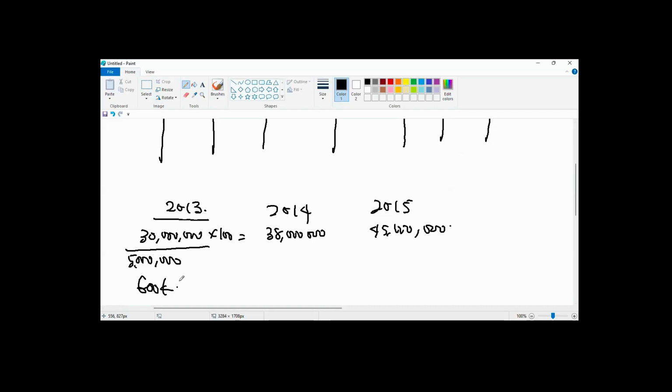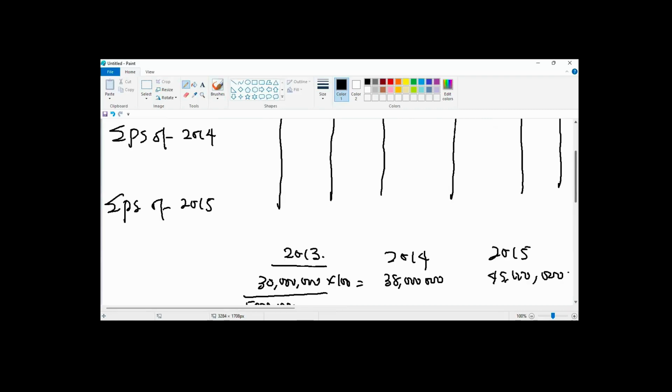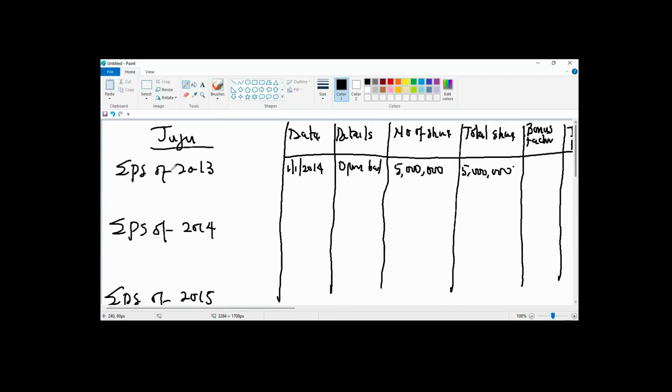This will give me 600 kobo. So earnings per share of 2013 is gotten already, which is 600 kobo.